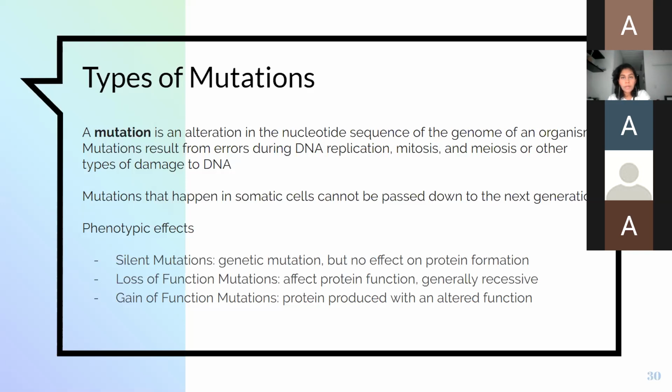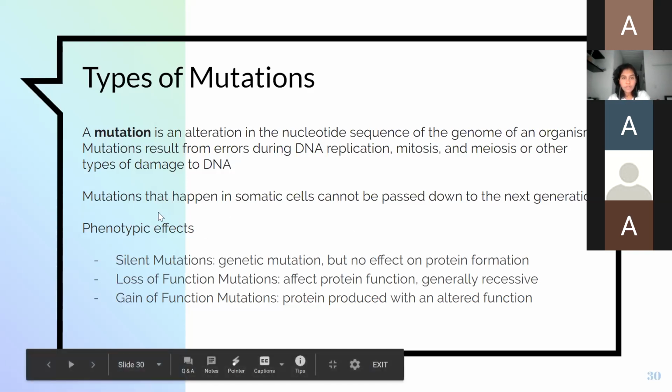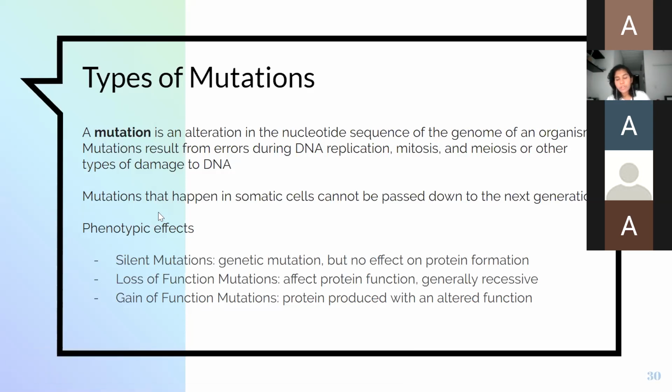There are different phenotypic effects of a mutation. We have silent mutations, which are genetic mutations that have no effect on the protein itself. We then have loss of function mutations, where the protein function is affected and it's generally recessive.